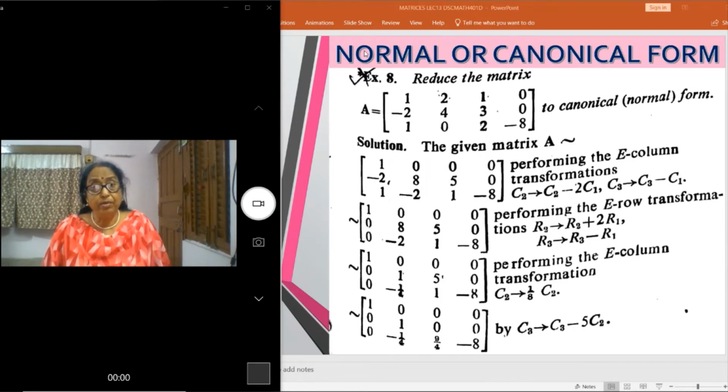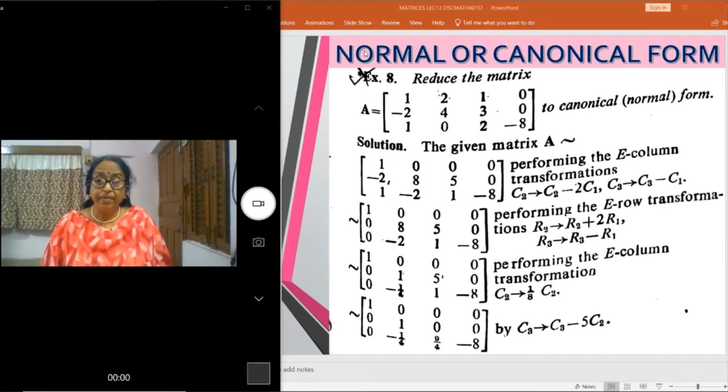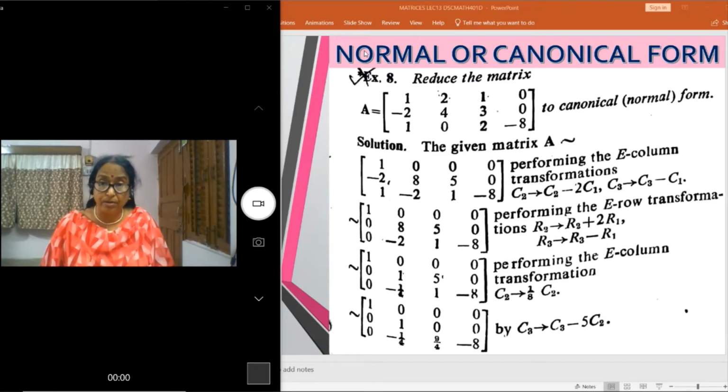Similarly, give those transformations in columns so that the first column elements become 0. Such transformations you should follow. Then you can see the first column members also become 0.